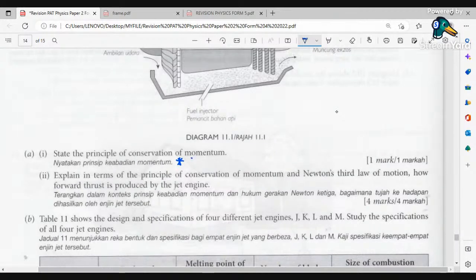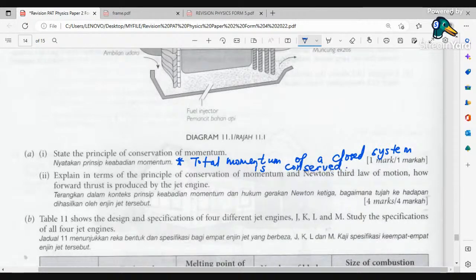Okay, states that total momentum of a closed system is conserved. Or we can say total momentum before equals to total momentum after.